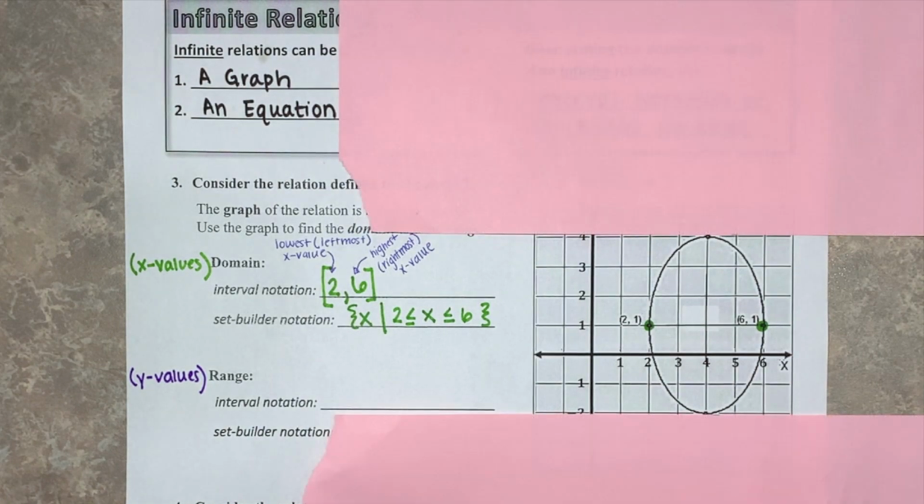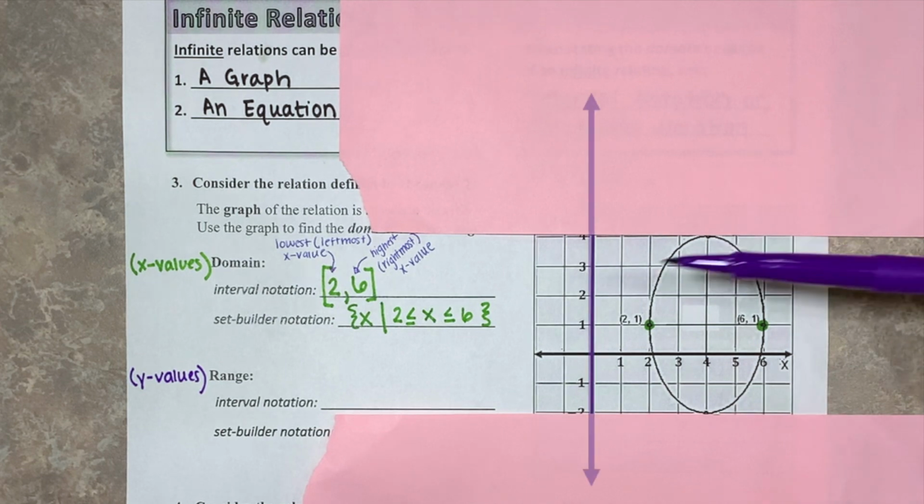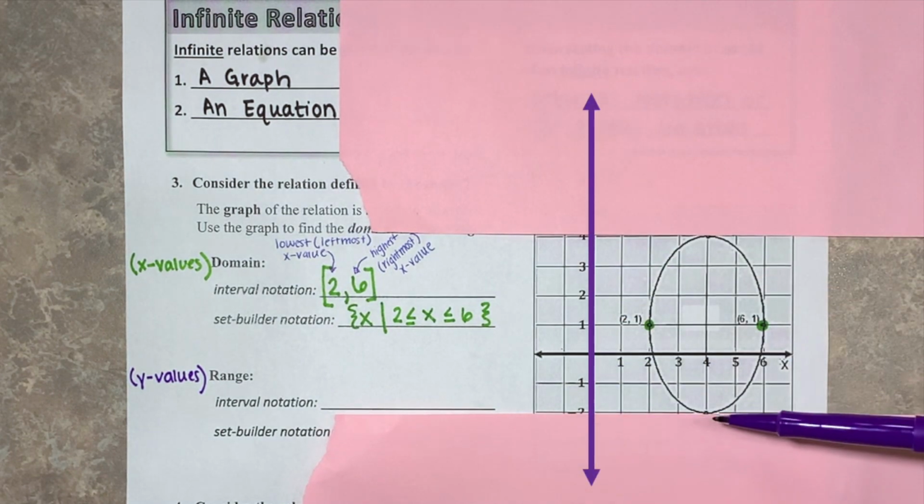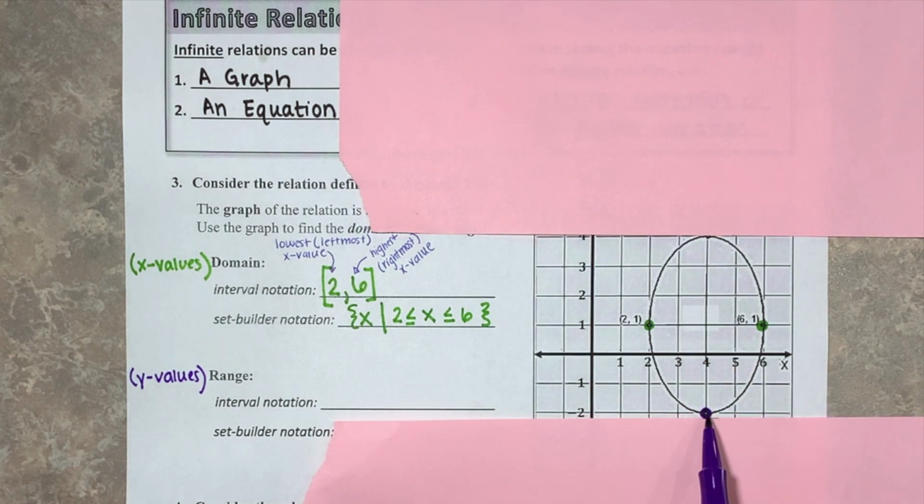We can put our paper blockers this way. Our entire graph fits within this window. So let's start by identifying the lowest y value on our graph. Since our y-axis runs up and down, the lowest y value will simply be the lowest point on the graph, which is right here. And the y value of that point is -2.